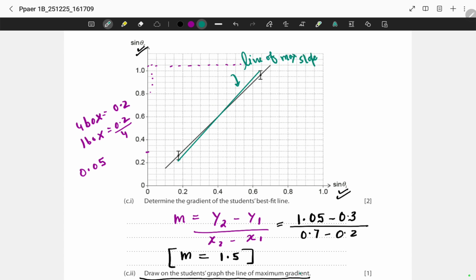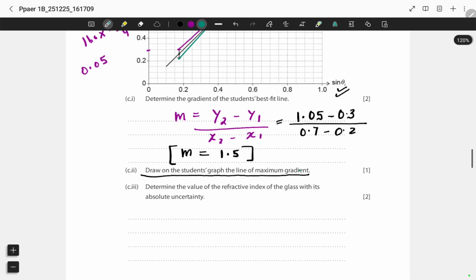Similarly, to draw the line of minimum slope, match the top of the first point's uncertainty bar with the bottom of the last point's uncertainty bar. This purple line is the line of minimum slope. I've drawn both: the black one is the line of best fit, the green one is the line of maximum slope, and the purple one is the line of minimum slope.